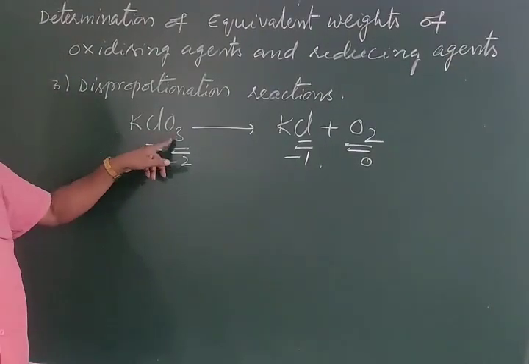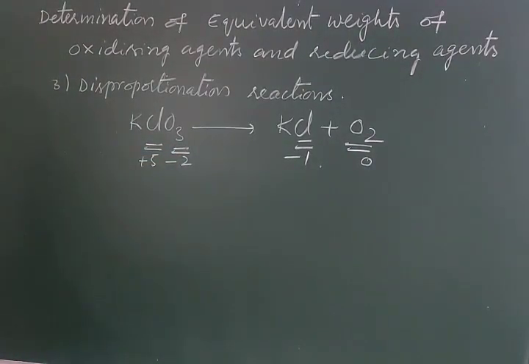Different elements in the same compound undergo oxidation and reduction in normal intramolecular reactions, whereas in disproportionation reactions, the same element in the same compound undergoes both oxidation and reduction.